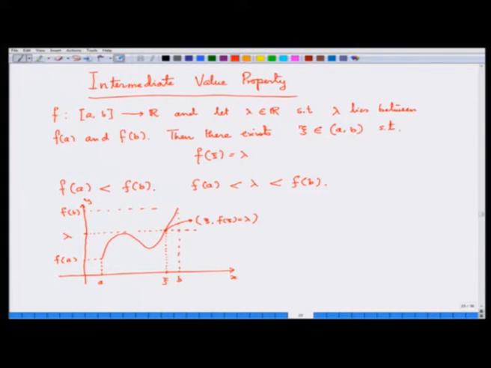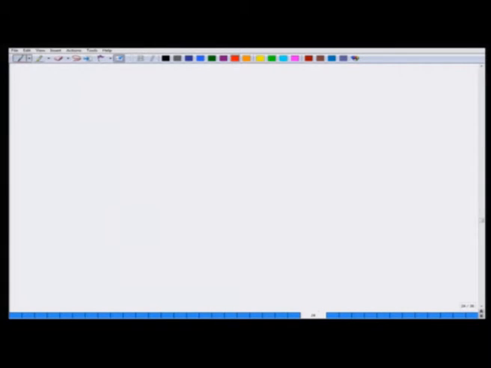So this property leads to a very important property of functions from a closed interval to R. That property is called the boundedness property. So what do we mean by a bounded function?